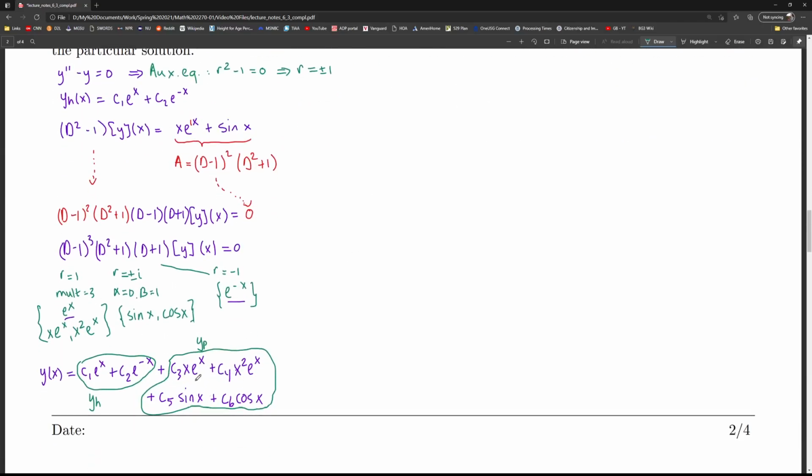And then you have to figure out what those four constants are. So that is a way to use annihilators to get rid of the f, and now solving a non-homogeneous equation turns into solving a homogeneous equation, which is just keeping track of the roots.